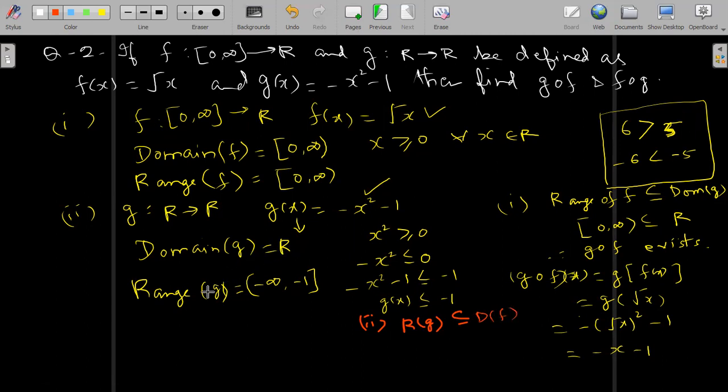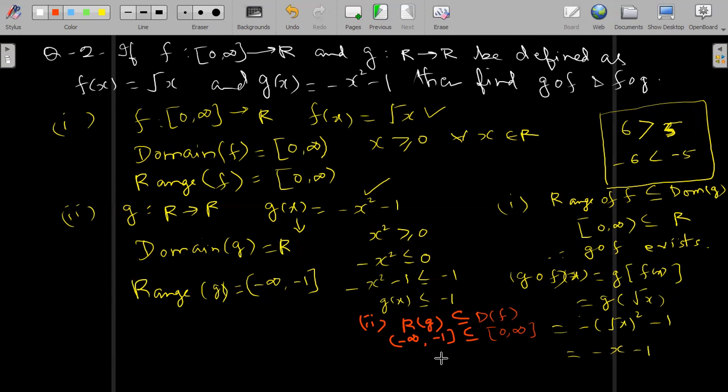Range of g is minus infinity to minus 1. And what is the domain of f? Domain of f is 0 to infinity, all positive.